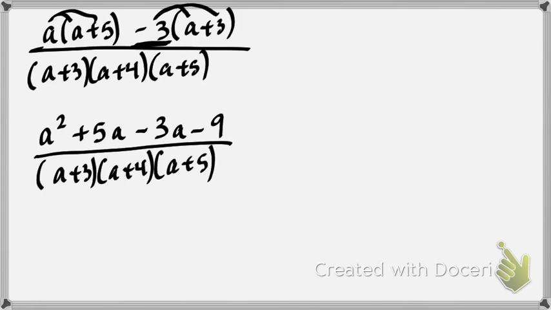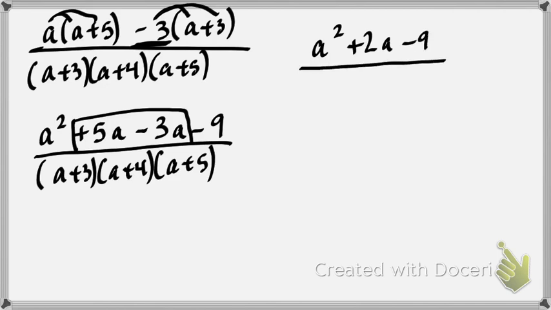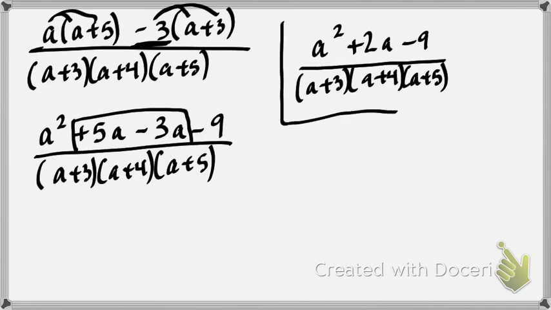The last thing we need to do is find any like terms. And it looks like I do have some like terms right here. So it's going to be a squared plus 2a when you combine the 5a and the negative 3a. And then we have a plus 3, a plus 4, and a plus 5. As soon as your fractions are together and you've simplified the numerator, you're more than likely going to be done, which in this case we are.